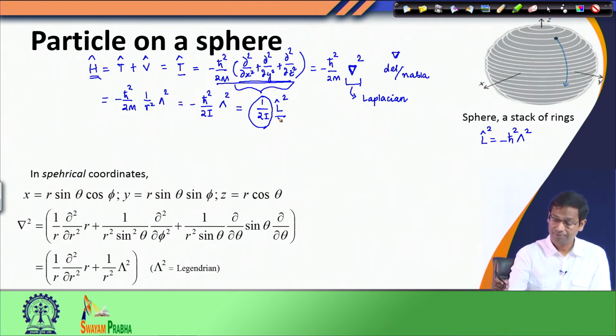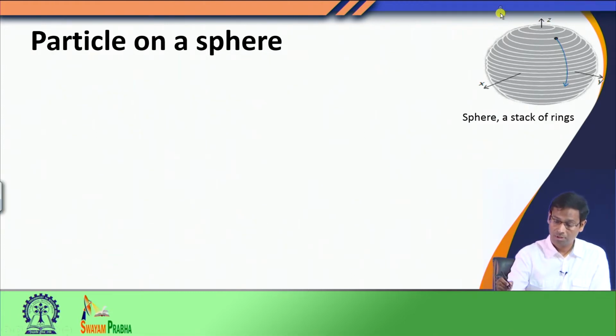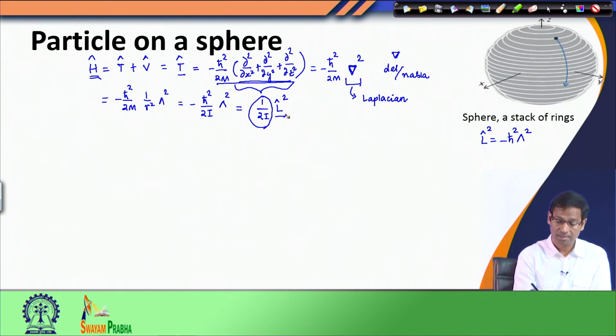What advantage do I have here? The advantage is that I have spent some time discussing the eigenfunctions and eigenvalues of this L square operator, and now the Hamiltonian is simply the L square operator multiplied by a constant. So, the eigenfunctions of the L square operator are also going to be the eigenfunctions of the Hamiltonian.